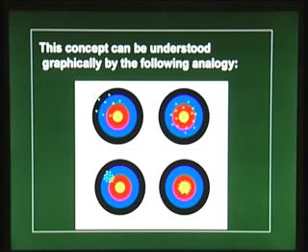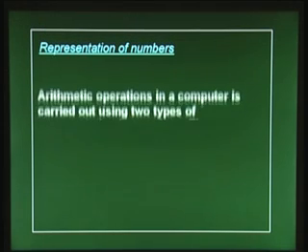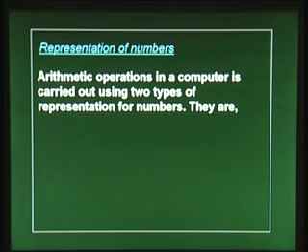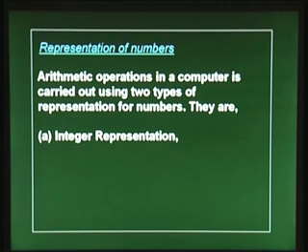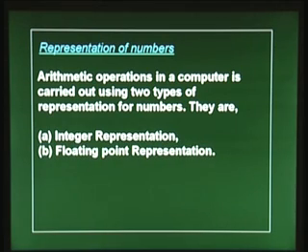But before that, we need to understand how numbers are actually represented in a machine. We said that arithmetic operations are carried out on a computer using two types of numbers: integers and floating point representations. We saw that in the program.